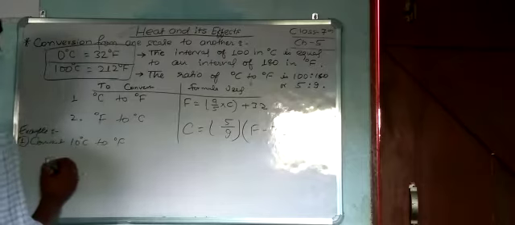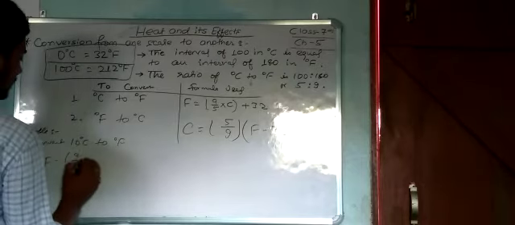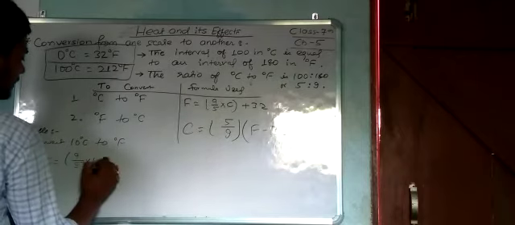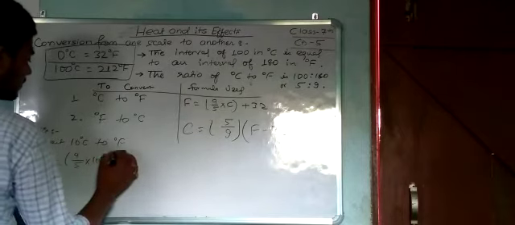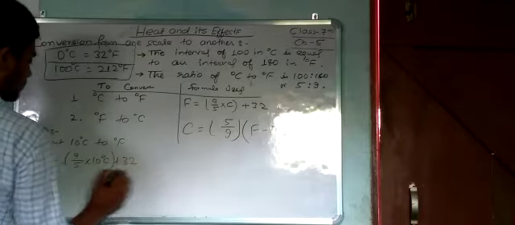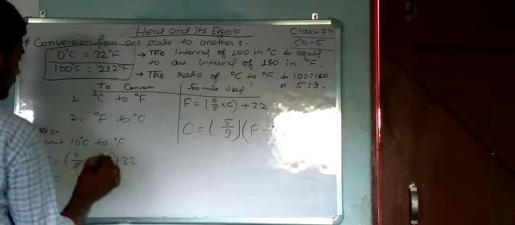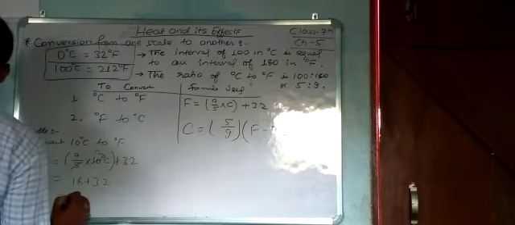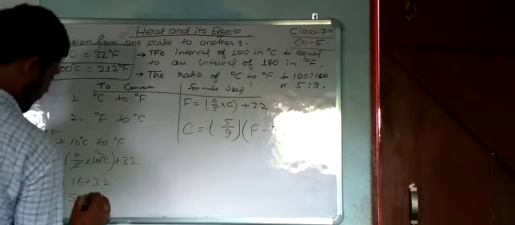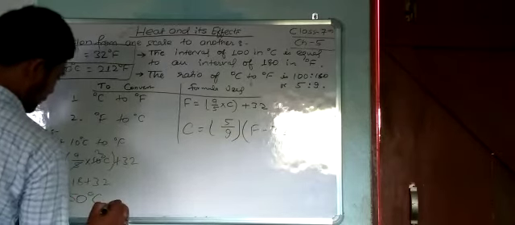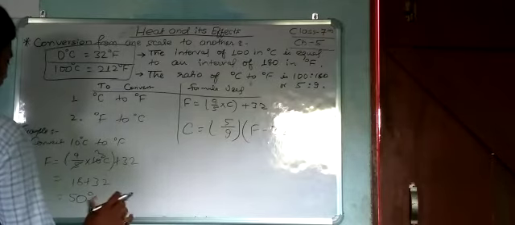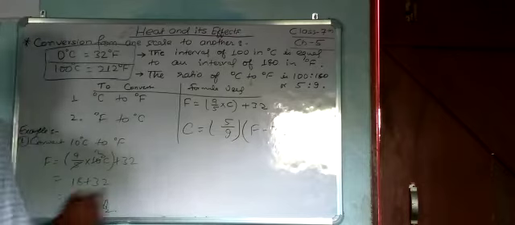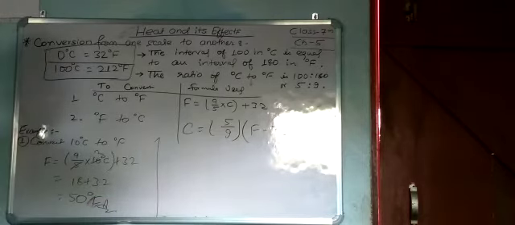We know that Fahrenheit is equal to 9/5 into C, which is here 10 degree Celsius, plus 32. That is 18 plus 32, which is equal to 50 degree Fahrenheit. Answer. Let us see another example.